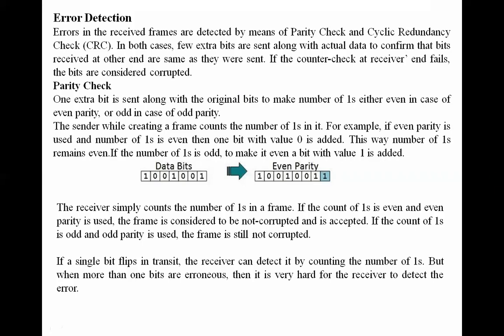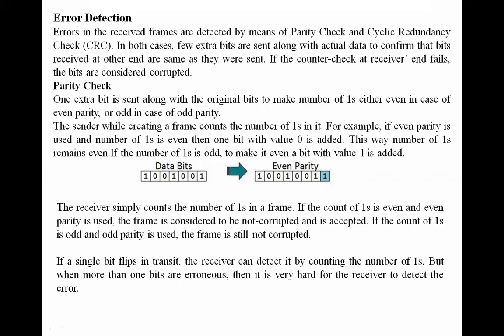If the check at the receiver end fails, the bits are considered corrupted. Meaning, you are sending 101 and the received data is 111, so we come to know that the bits we sent are corrupted.